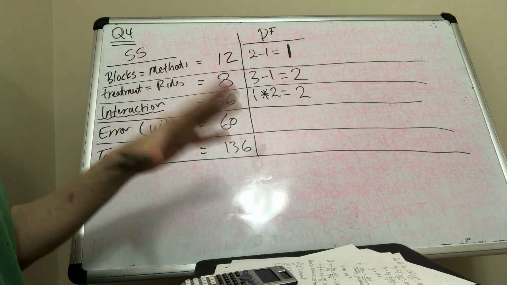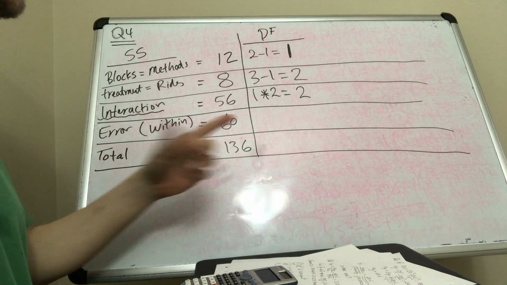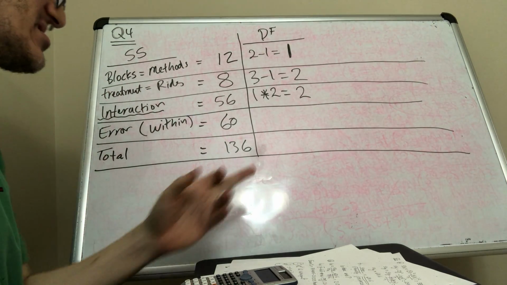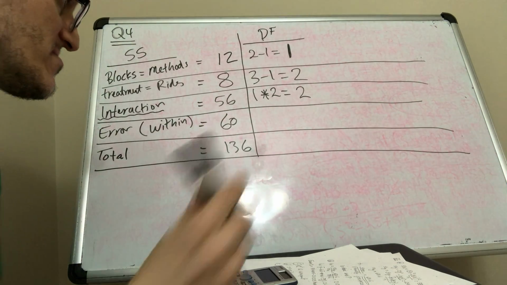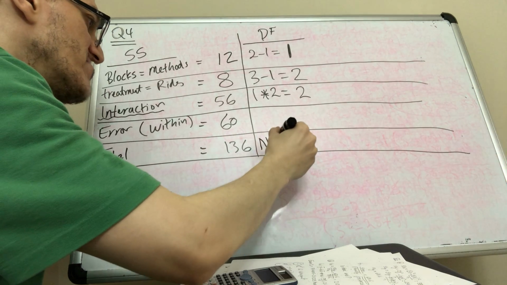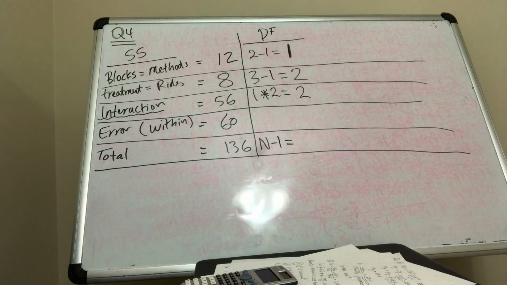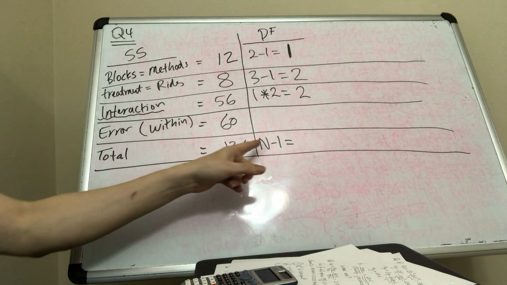But now it's a bit tricky. You need to do the total first and then figure out this. The total would be capital N minus 1. So if you go to the actual question, capital N means the number of numbers.